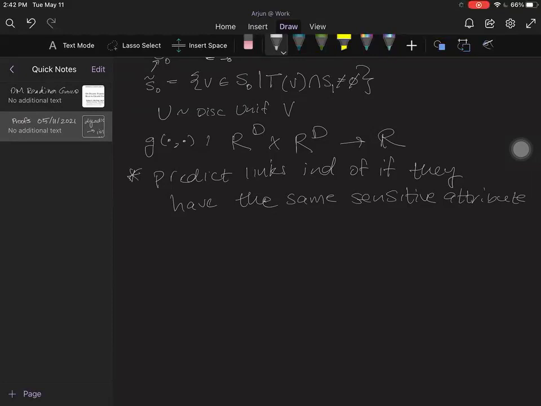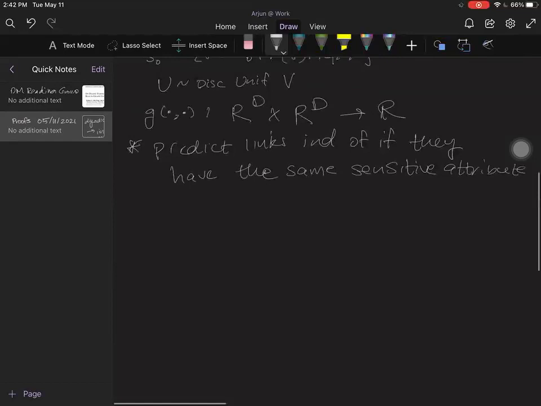And in the case of binary classification, if two groups have positive outcomes at the same rate, they're also going to have negative outcomes at the same rate because it is binary classification. So with vertices, let's say we have some vertex representations V and U.